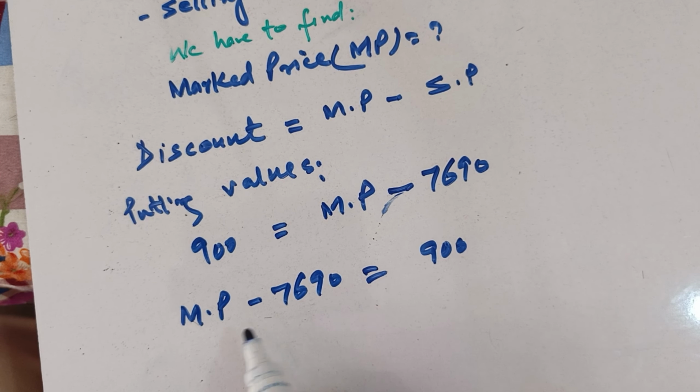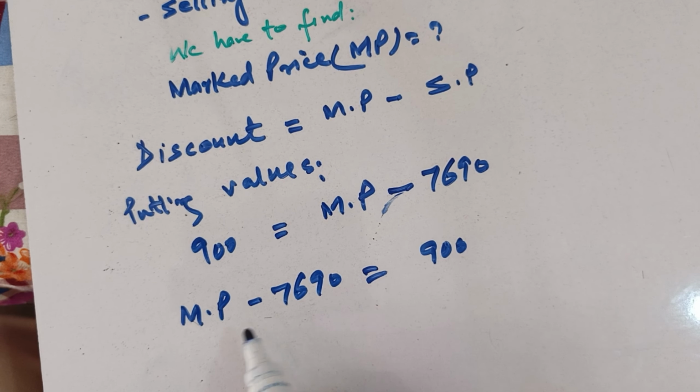And to find the mark price, we will shift this to the right side of the equation. And how can we do it? We will write just mark price minus 7690 plus 7690, and then we will write 900 plus 7690. So the thing which we have written on the left hand side, we have to write on the right hand side as well.